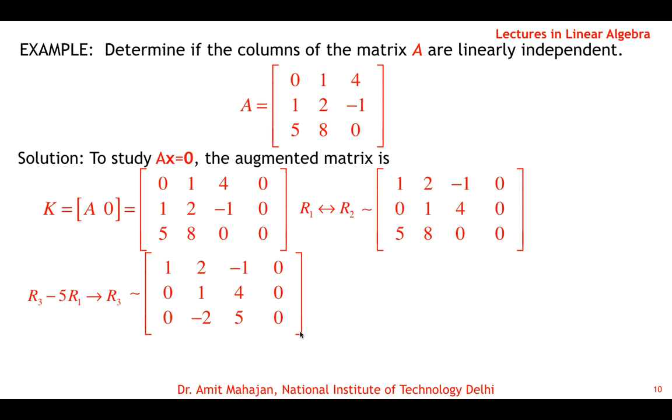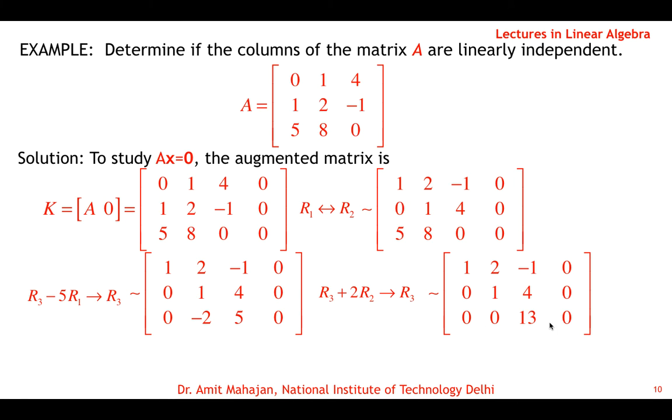Then in the second row, this becomes our leading element. We have to make this position 0, so apply row 3 plus 2 times row 2 on the third row. The second row remains the same, this element becomes 0, and 5 plus 2 times 4 becomes 13.